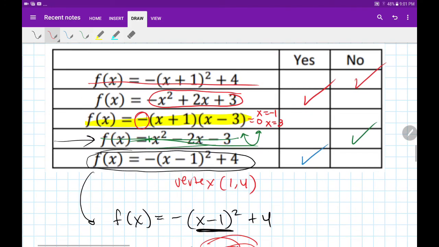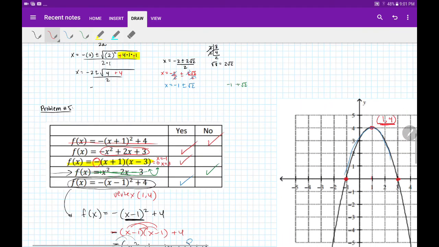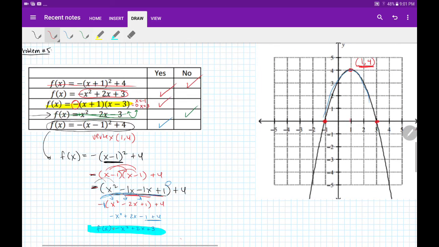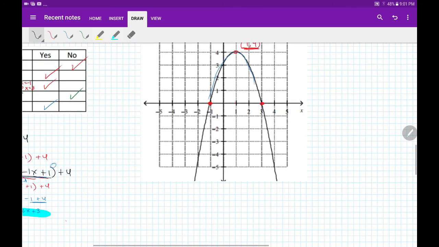Also, there's a negative outside, meaning we're facing down. Our graph is facing down. So that function's good to go. And using that process of elimination, if I were to number these, we have identified that number 2, number 3, and number 5 are the correct functions for this graph.